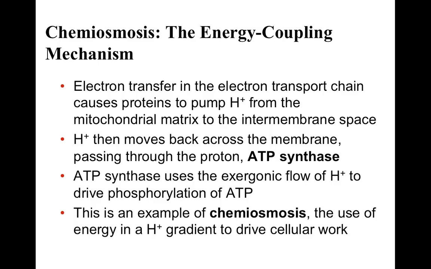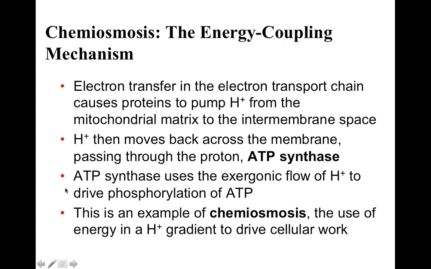So the protons getting pumped into the intermembrane space are going to try and get back into the matrix. And the only way they can do that is by passing through an enzyme called ATP synthase, which synthesizes ATP.